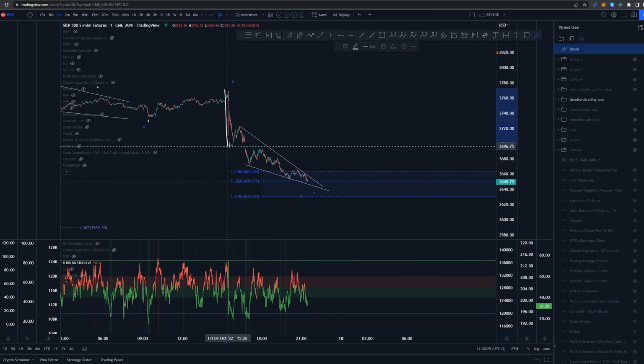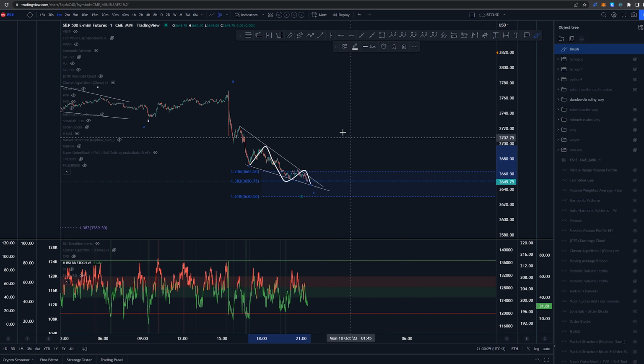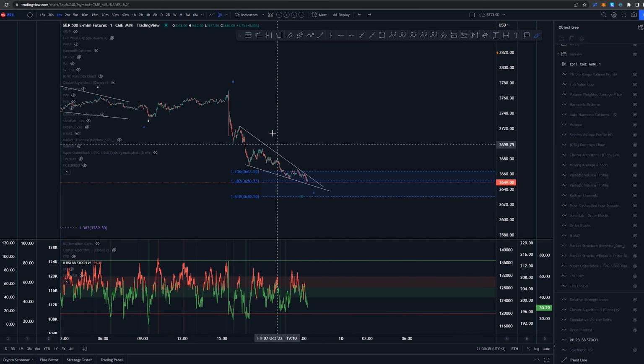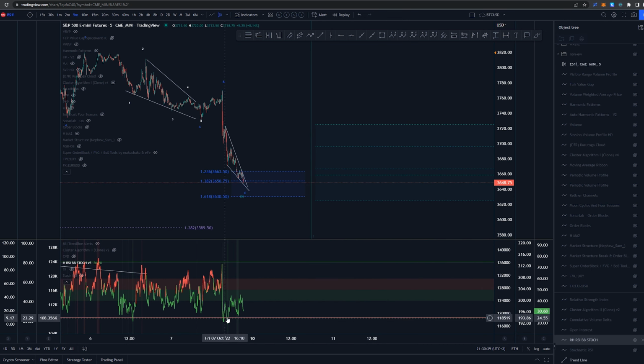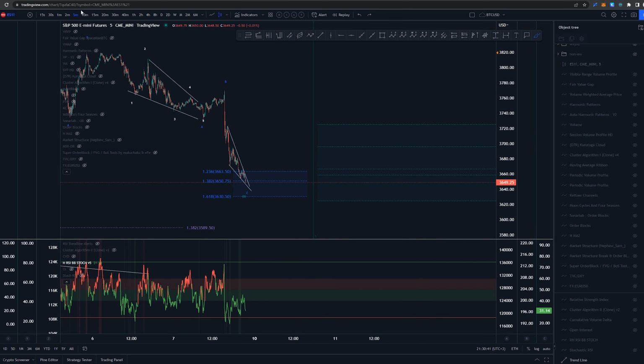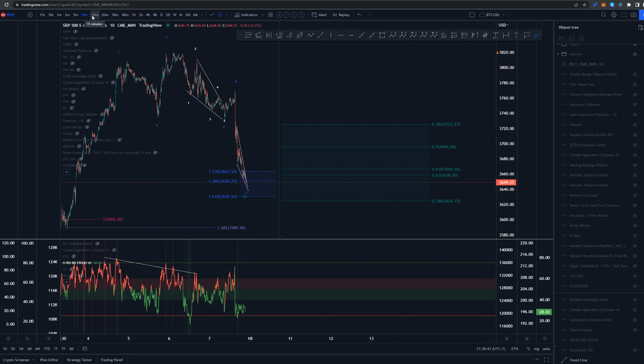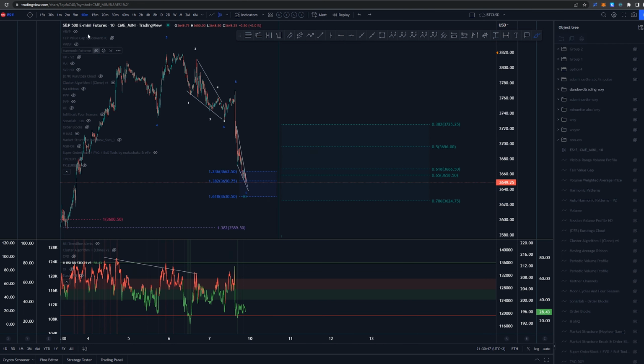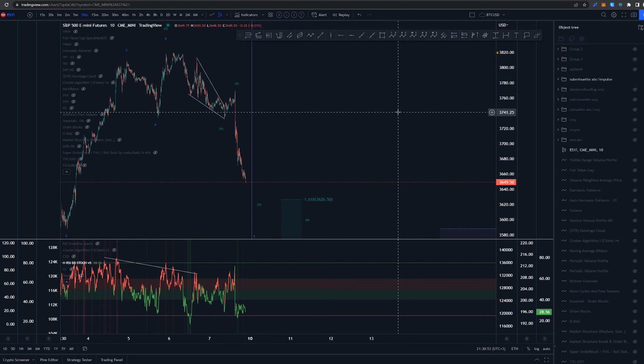Maybe that's a WXY coming down into 1, 2, 3, 4, 5, possibly, and soon ending. But again, I would be looking into this structure over here and a bit on higher time frame, looking at if these divergences hold, and then we can start to move up from these lows before taking out the 1.618. At that point we can start to get more bias toward this count here.